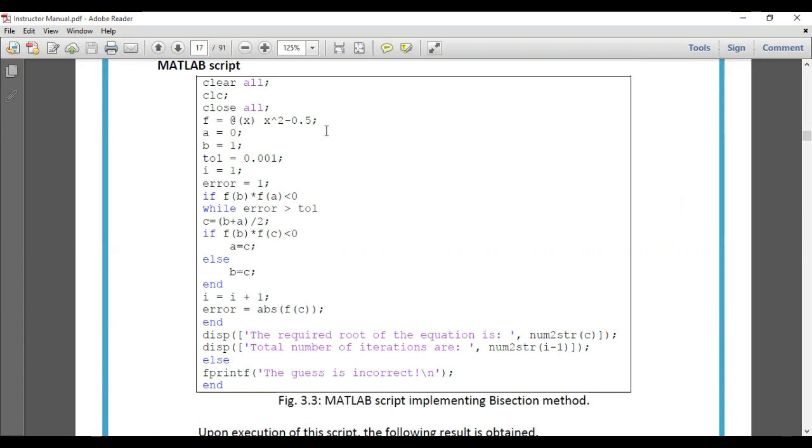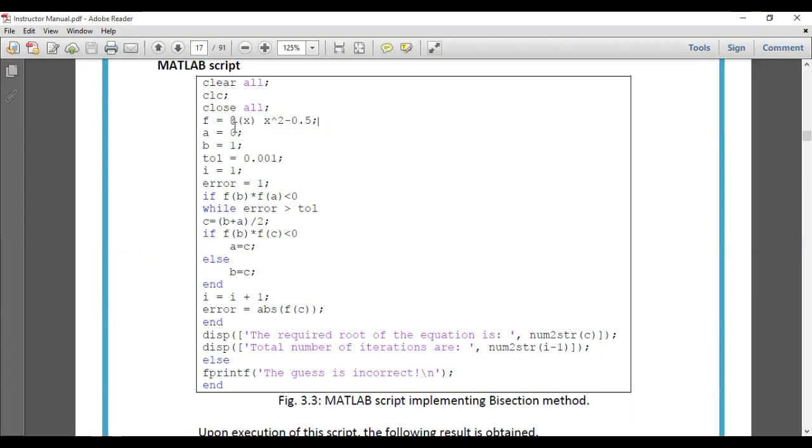In such equations we cannot separate the value of x to find it. Such equations can only be solved iteratively, and these iterations should be carried out in a logical way. There are several algorithms which can be used to find the roots of nonlinear equations, and the bisection method is one of those algorithms.